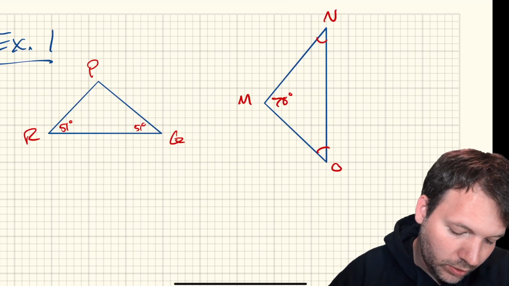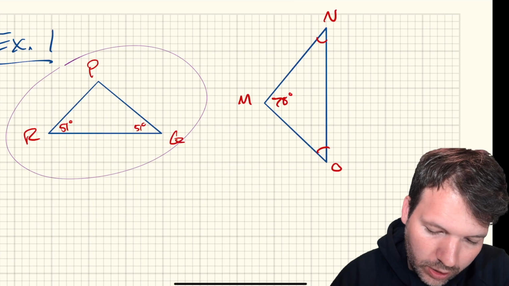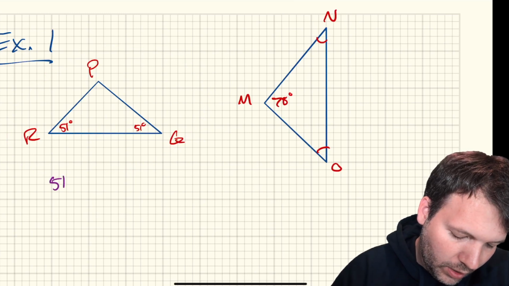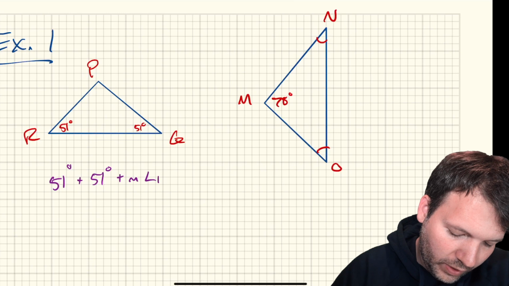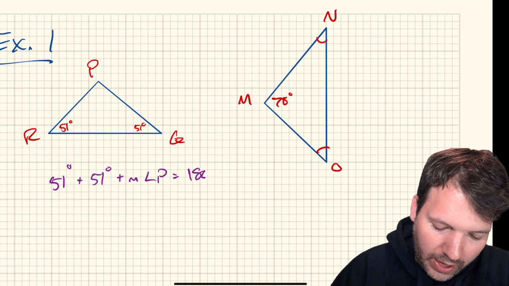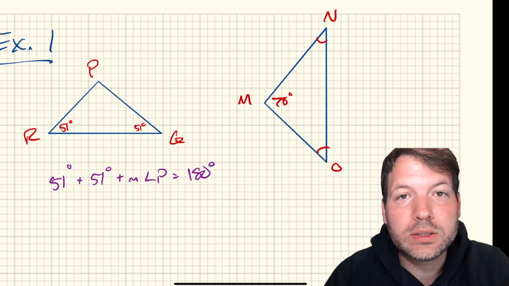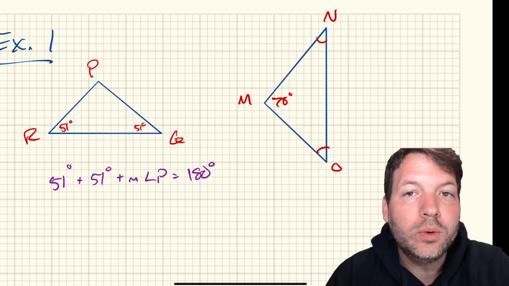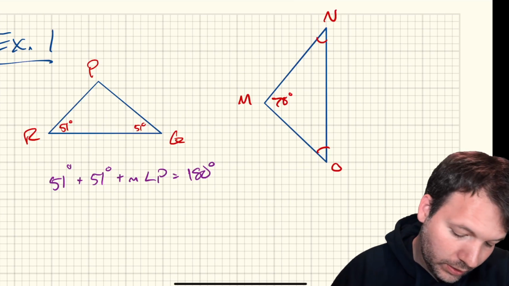So one thing we could do, looking at triangle PRQ, is say that the sum of our three angles, the 51 degrees, the 51 degrees, and whatever the measure of angle P is, have to add up to 180 degrees. That's true of all triangles, right? The sum of the three interior angle measures of any triangle will always be 180 degrees.